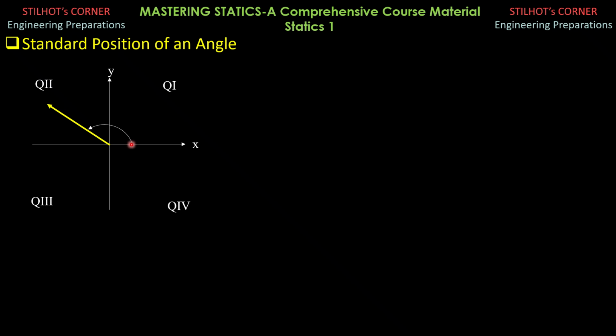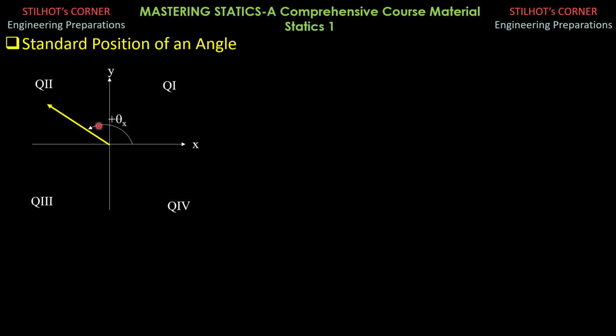So this is the positive sense of angle, theta x, and the ray of the angle, the terminal side of the angle, lies in the second quadrant. So that would be theta x, and that's the positive sense.